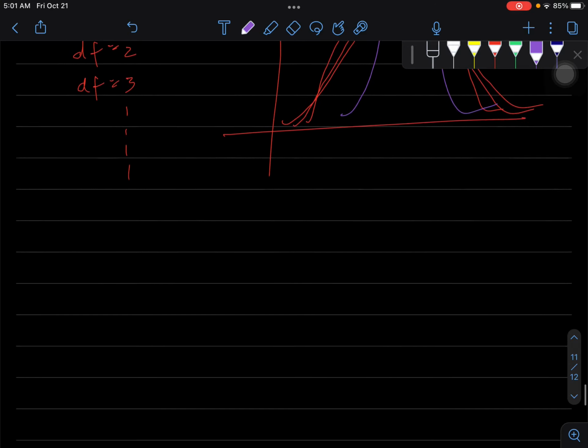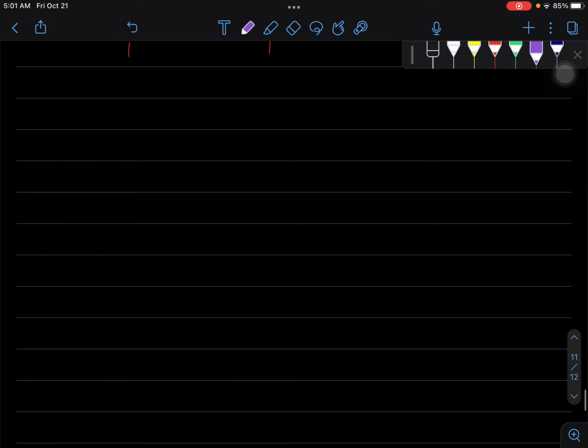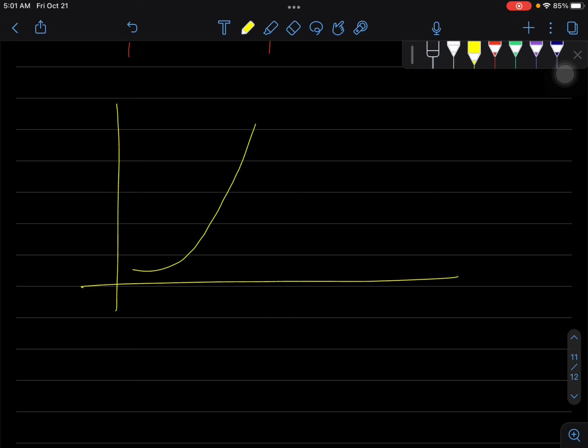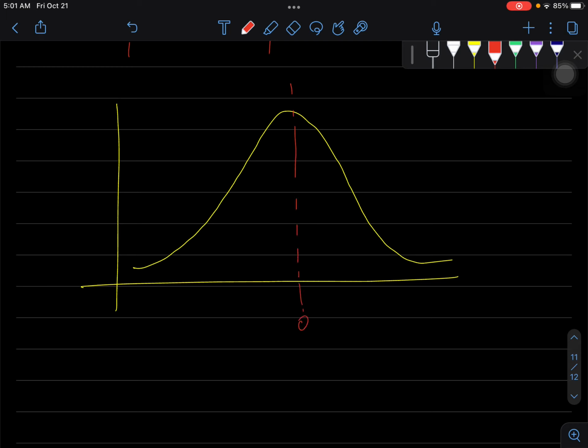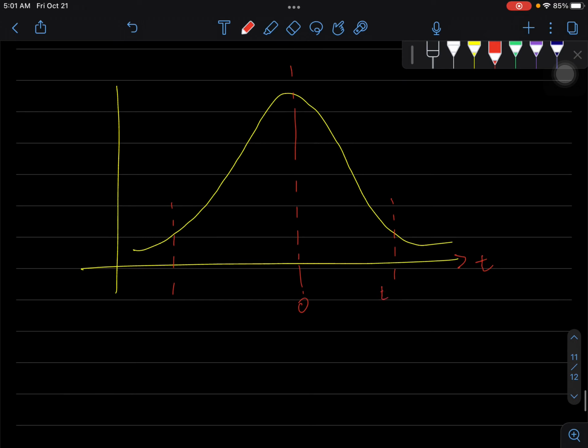Also, another thing to see here is the statistic that we call t alpha by 2. Let's say this is our 0, and somewhere here we have t alpha by 2, and this is t minus alpha by 2.